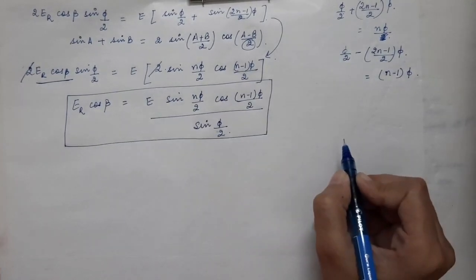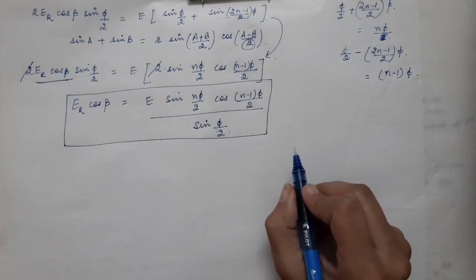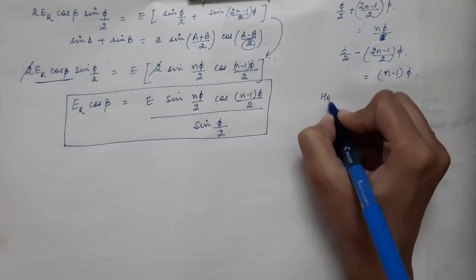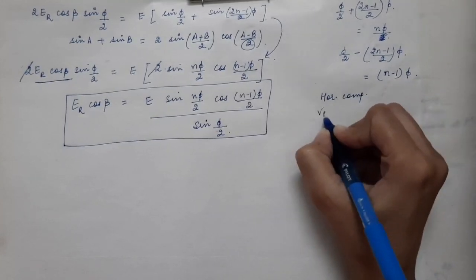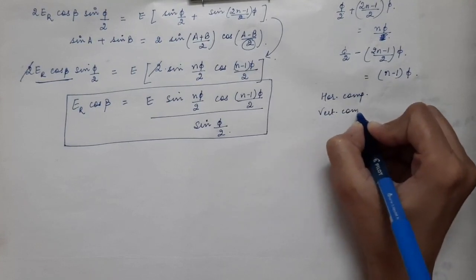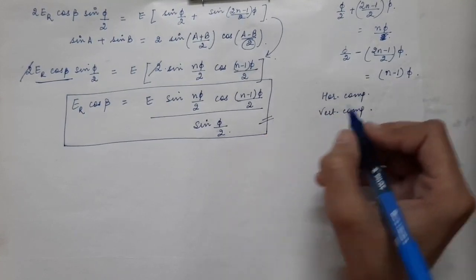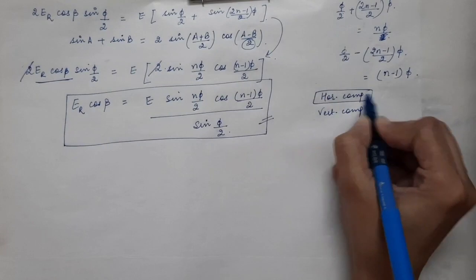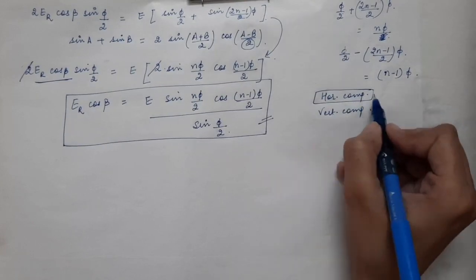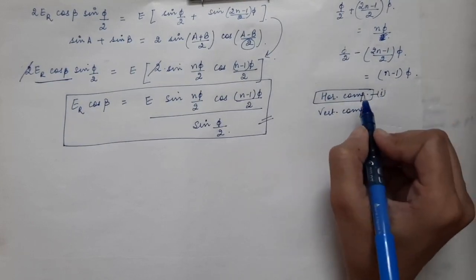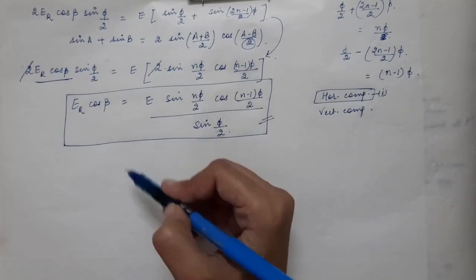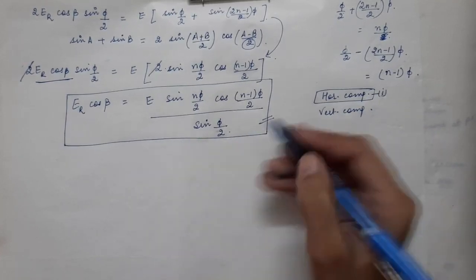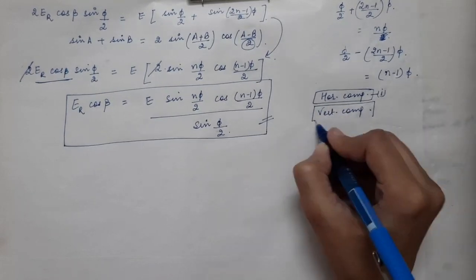So we had written two equations on the previous page. First was for the horizontal component and the second one was the vertical component. So this equation we have got after simplifying the horizontal component equation, that is the first equation that we had written. Similarly, we can derive the same formula for the vertical component.